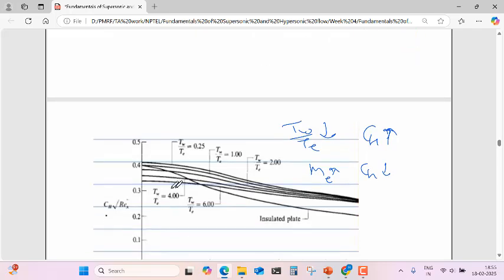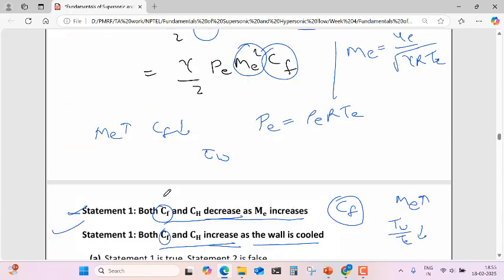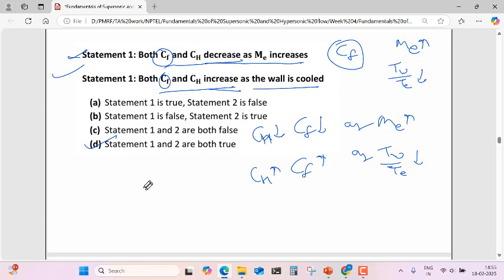Let's say if you don't remember for Ch also, you might remember the Reynolds analogy which we saw before. It was Ch by Cf equal to half Prandtl number to the power minus 2 by 3.